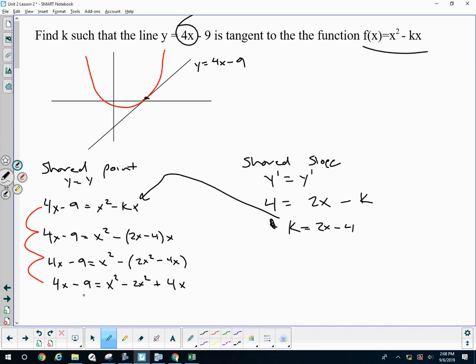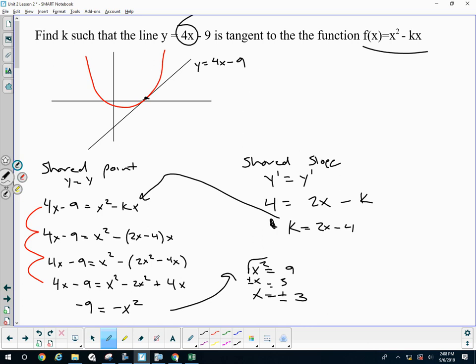Now, this is negative x squared, and this is negative 9 after I subtract the 4x's. Oh my gosh, look at how that works out. x squared equals 9, x equals plus or minus 3. When we solve x squared equals a number, we need a plus or minus square root, because the square root of x squared is the absolute value of x.